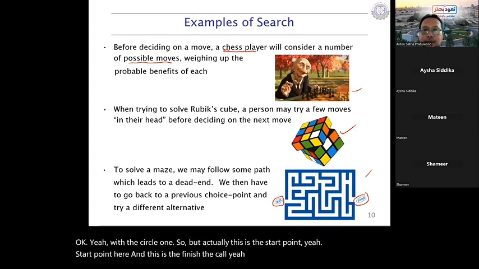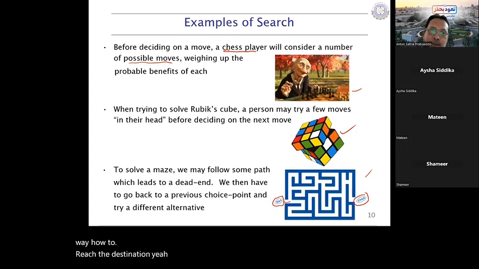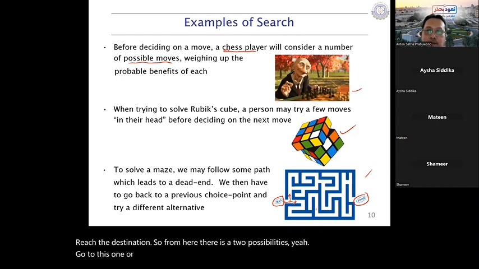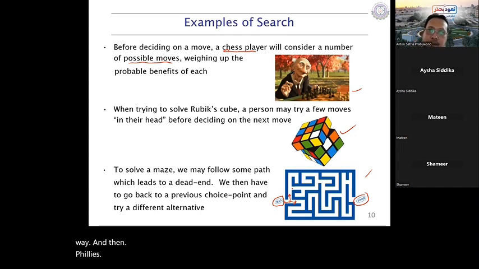So we find a way to reach the destination. From here there are two possibilities: go to this one or this one. Then there will be a dead end, which means we are trapped this way and then finish. In a real game, it would be finished.